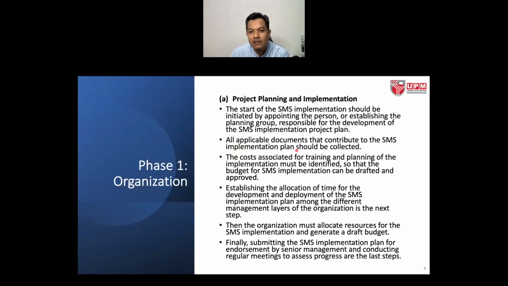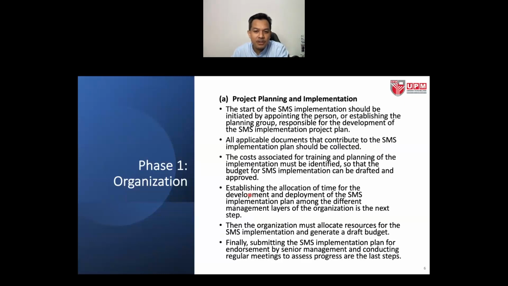And all applicable documents that contribute to the SMS implementation plan should then be collected, where the cost associated with the training and planning of the implementation must also be identified, so that the budget for SMS implementation can be drafted and approved. Without that, there will be no effective implementation.